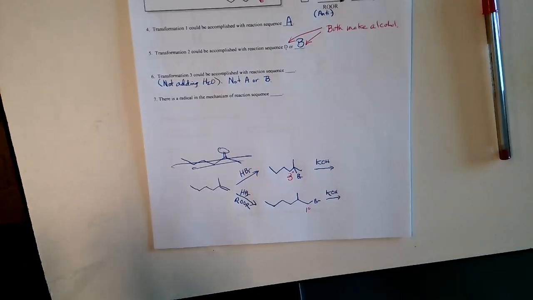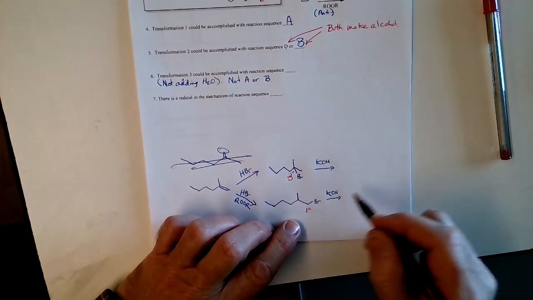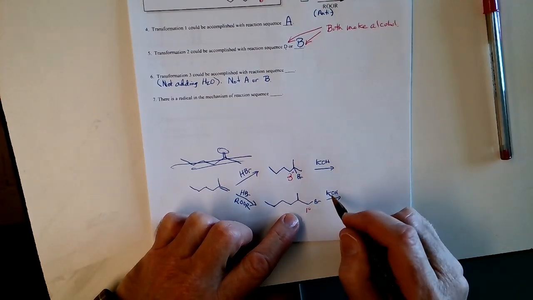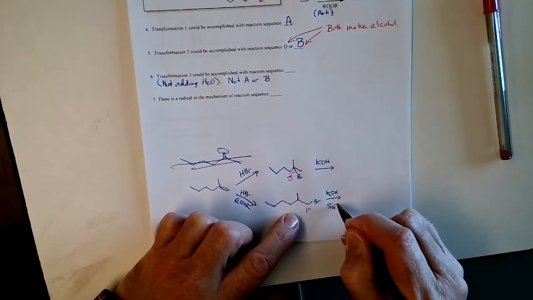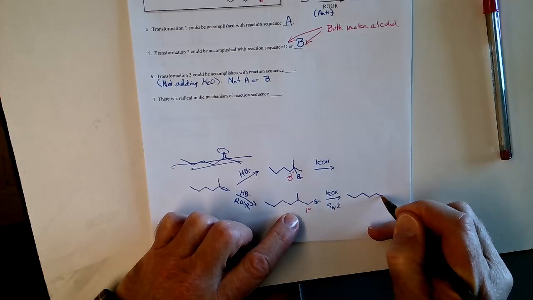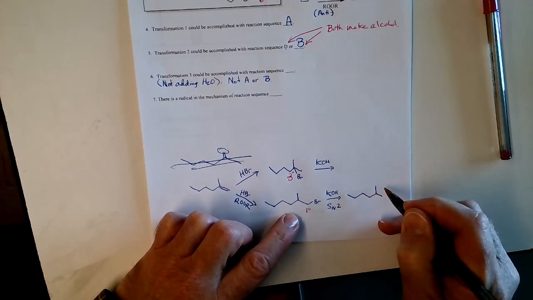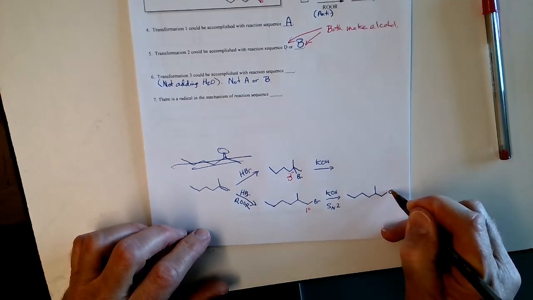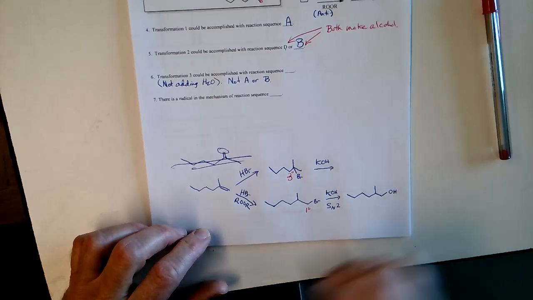Really crowded versus not very crowded at all. Well, this looks like KOH, nucleophile, RX, that's a recipe for SN2. And so you have this as the final product, and keep your carbon framework the same. OH will replace the leaving group.